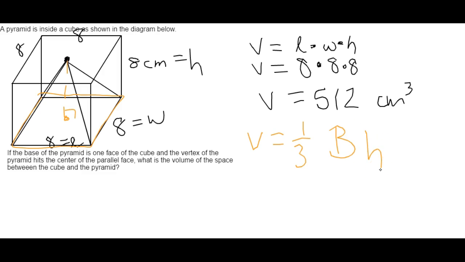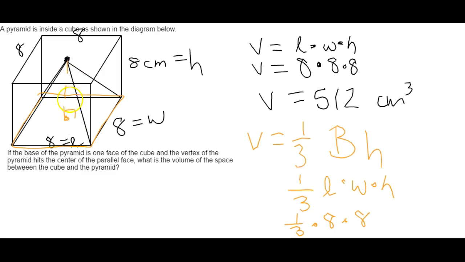Well, on a pyramid that has a rectangular base, area of a rectangle is length times width. So the length and the width would be the 8 and the 8 again. 1/3 times 8 times 8. The height is going from the center of the top face to the center of the bottom face.